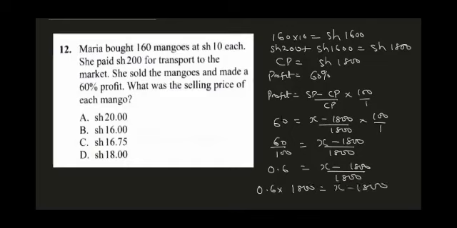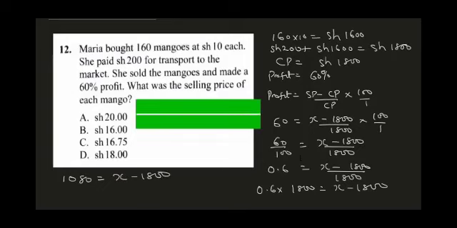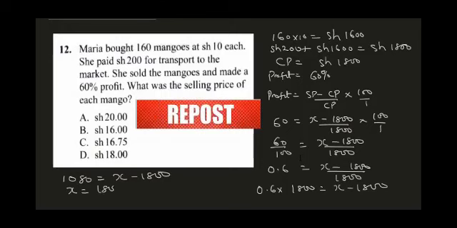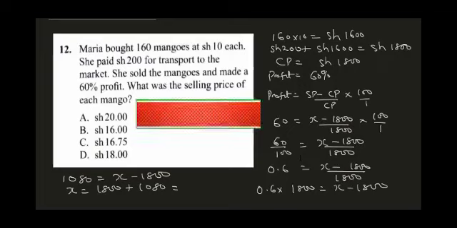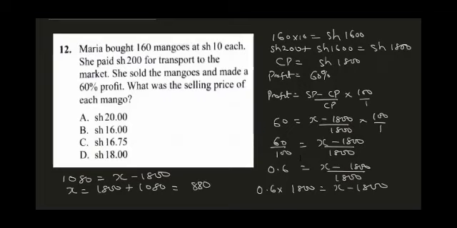So when you multiply 0.6 by 1,800, it's going to give you 1,080 is equal to X minus 1,800. So from here, we're going to collect like terms. Therefore, X is going to be 1,800 plus 1,080, which is going to give us 2,880 shillings.